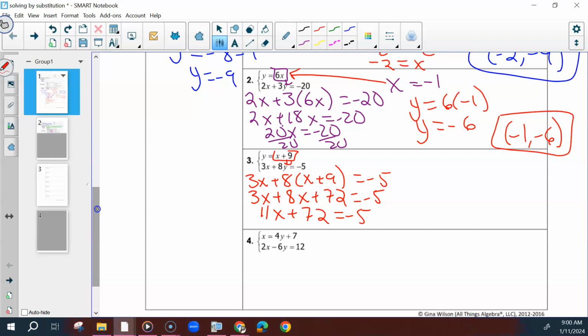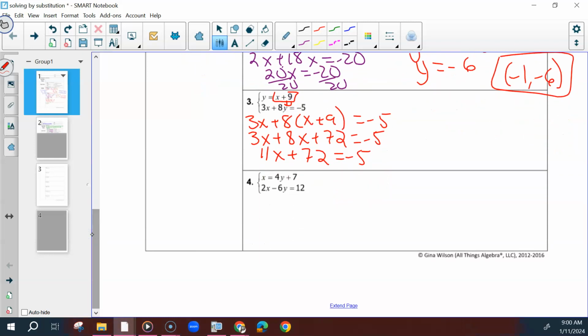When we get here, how do we solve this equation? We have 11x equals negative 77, divide both sides by 11. So x equals negative 7.